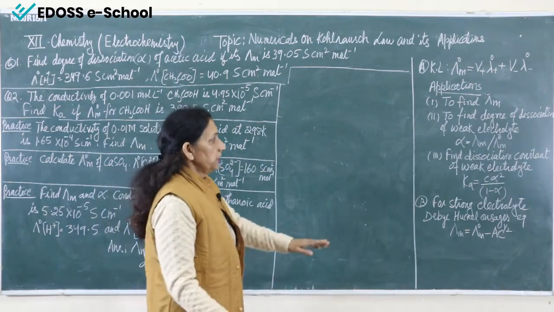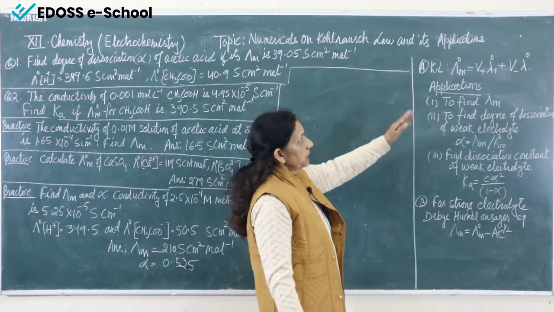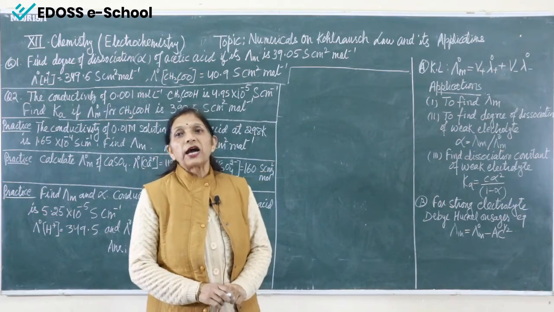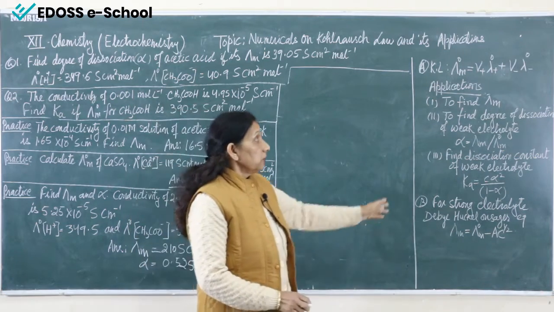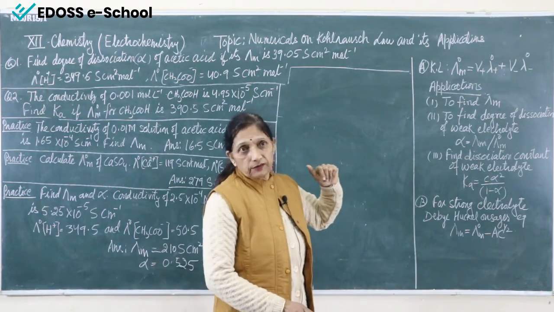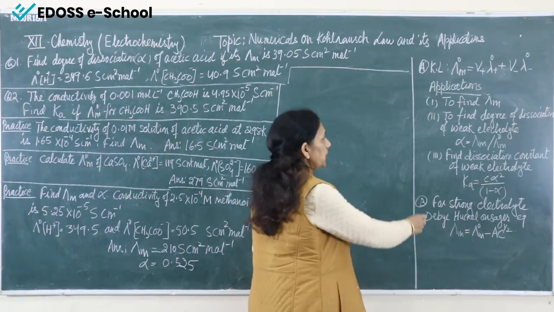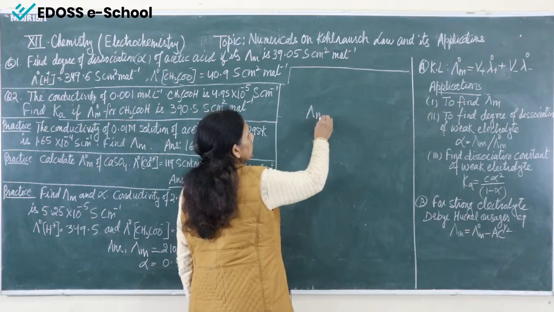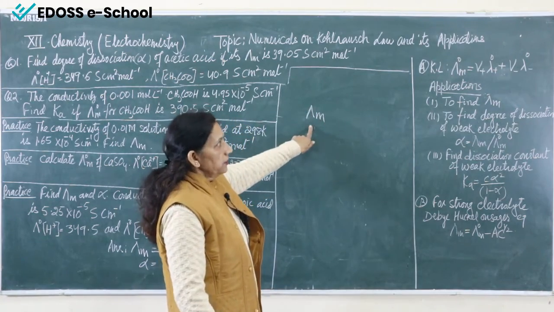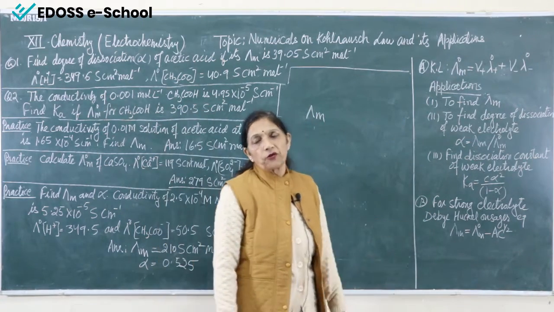Now one more thing: Kohlrausch's law is for dilute solutions, or weak electrolytes. For a strong electrolyte, if you want to find molar conductivity, then we can't use Kohlrausch's law.